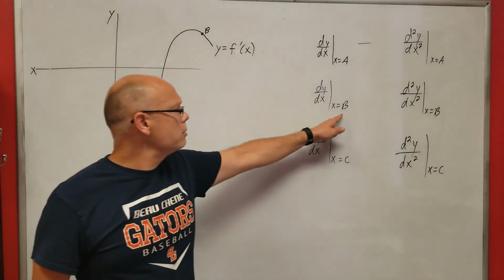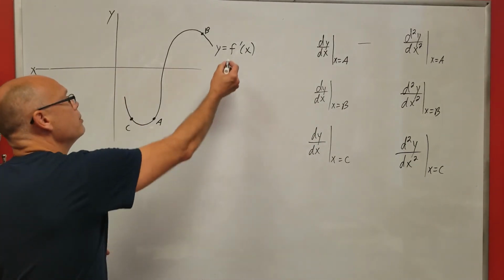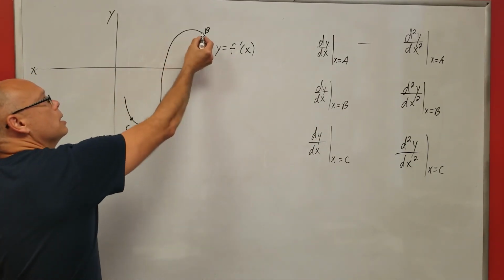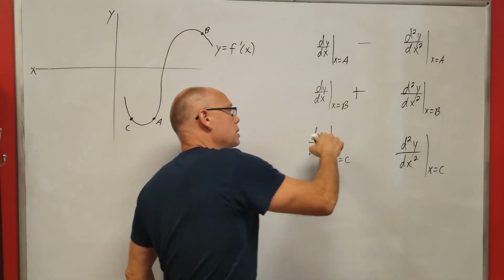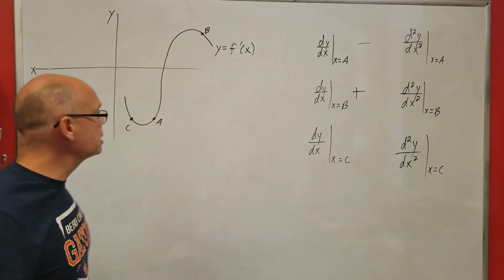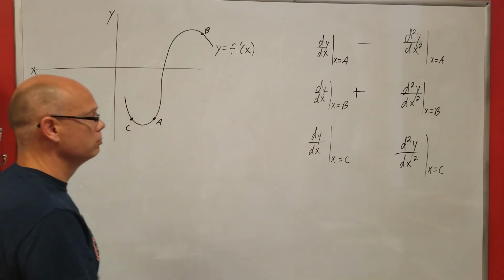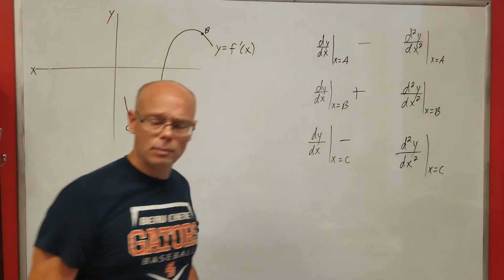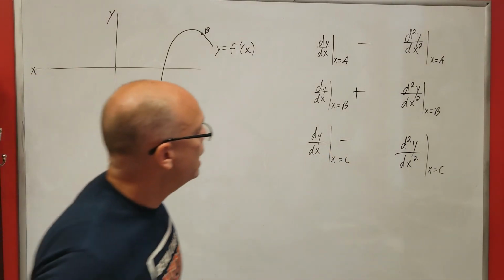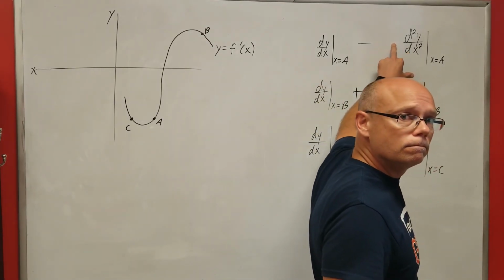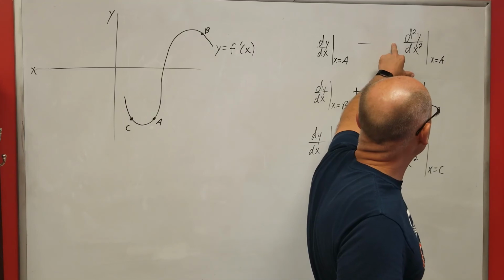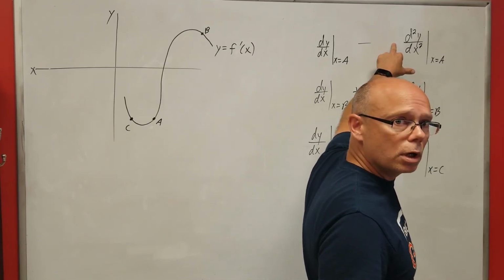How about at x is equal to b? What is this derivative function? It's up here above the x-axis, so it's positive. Now, what is this derivative function at x is equal to c? It's down here, so it's negative. Now, whenever I look at the second derivative here, what am I looking at?